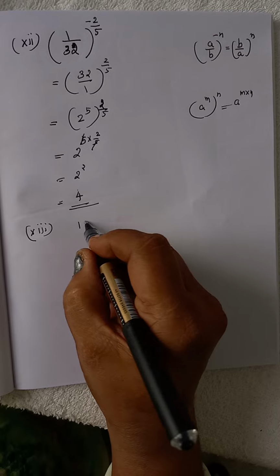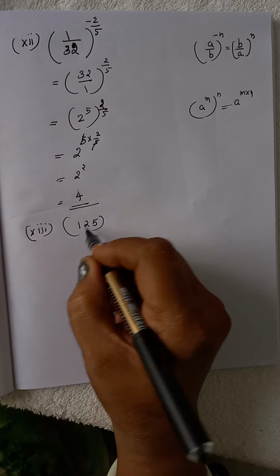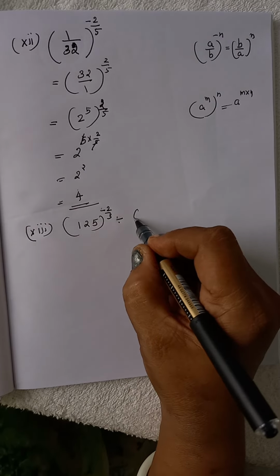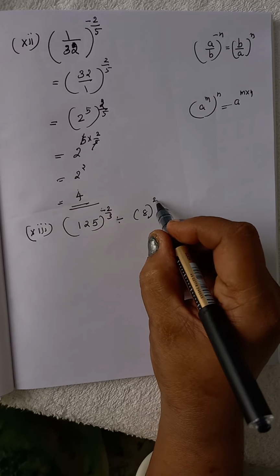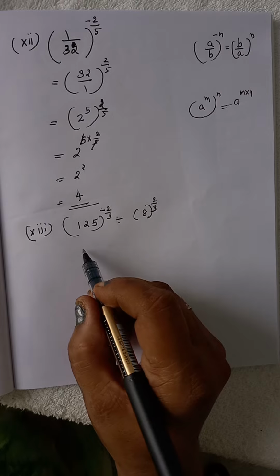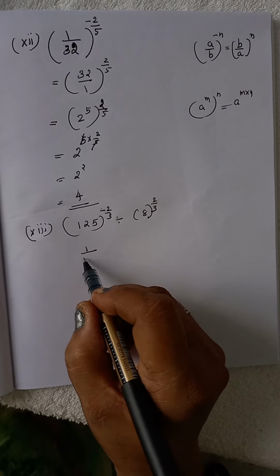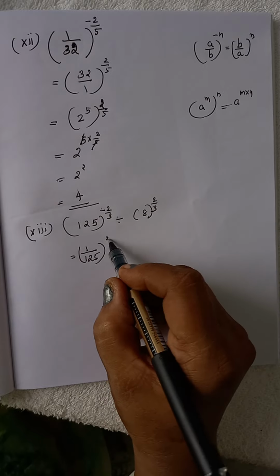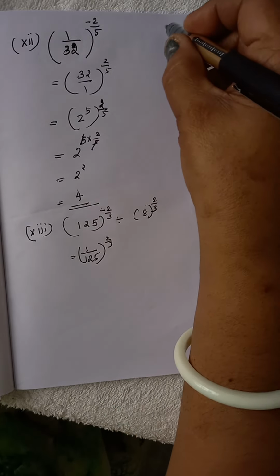This is 125 raised to minus 2/3 divided by 8 raised to 2/3. This is equal to 1 by 125 raised to 2/3, by using this law.